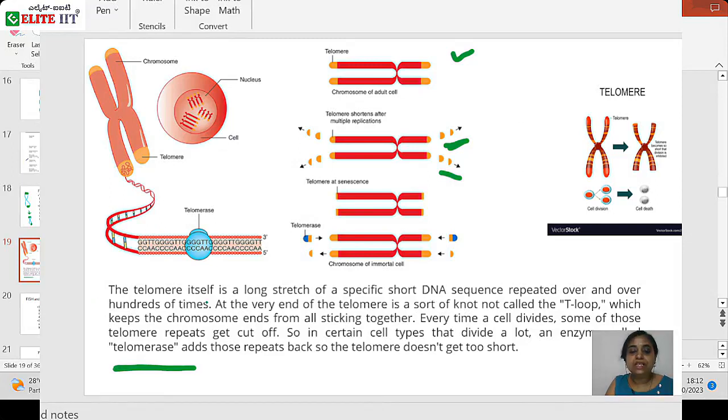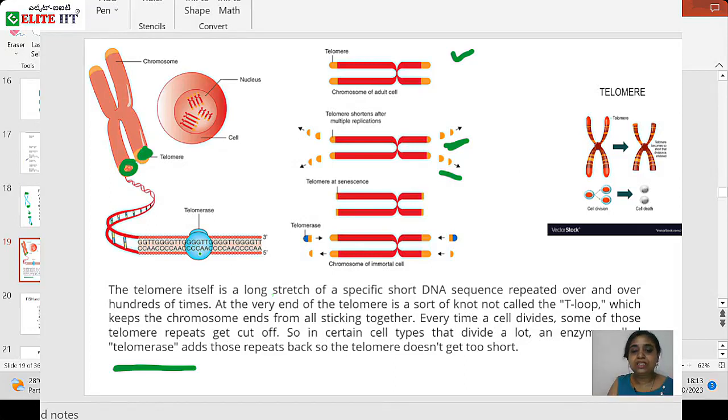The telomere itself is a long stretch of a specific short DNA sequence repeated over and over hundreds of times. It is not coding for anything; it is a repeated sequence. In the human genome you will find a lot of repeated sequences, and the telomere region also has repeated sequences. That means the same type of sequence appears multiple times.